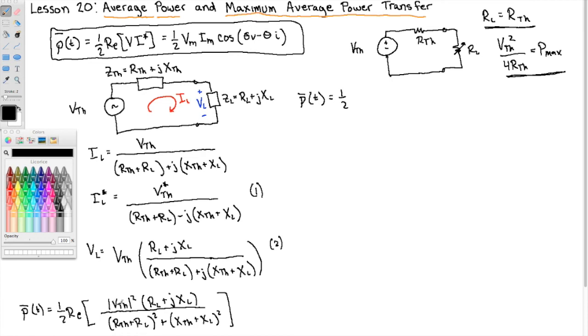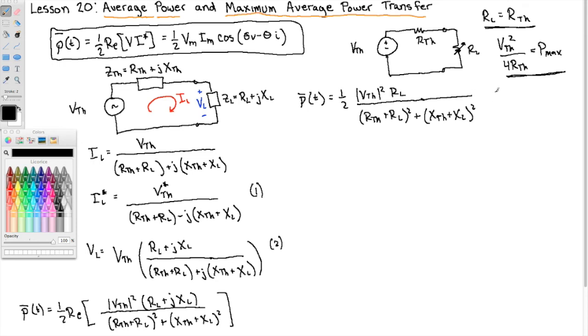The magnitude of V Thevenin is real, so I'll keep that, and the denominator is real, so the only thing we're going to lose here is this jXL, that part's imaginary. So now I've got the magnitude of V Thevenin squared times RL over R Thevenin plus RL squared plus X Thevenin plus XL squared.